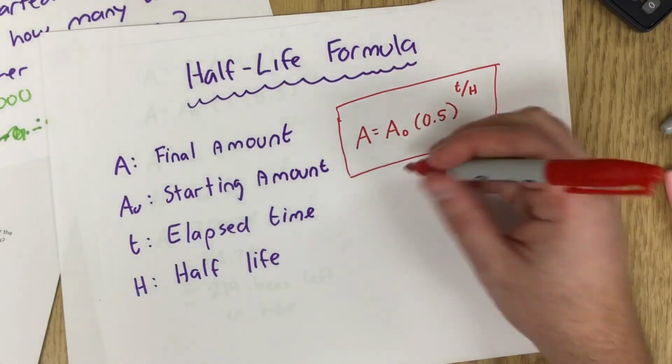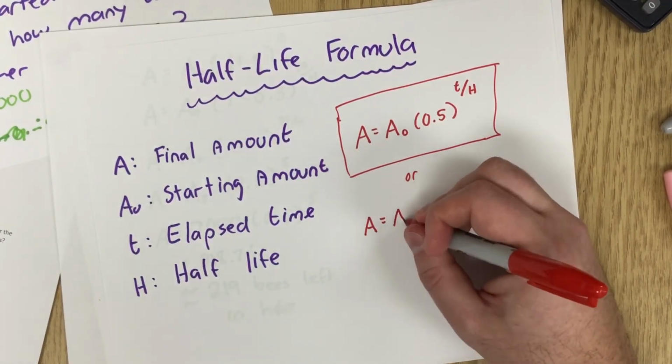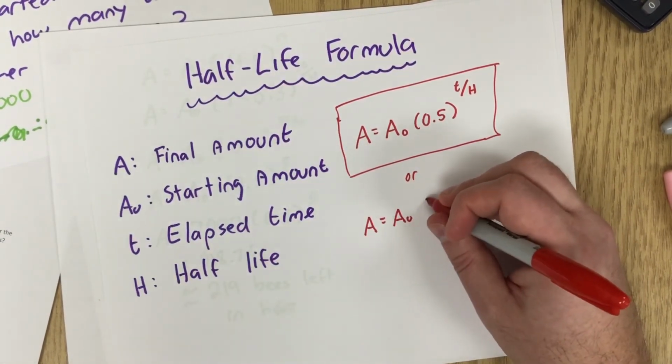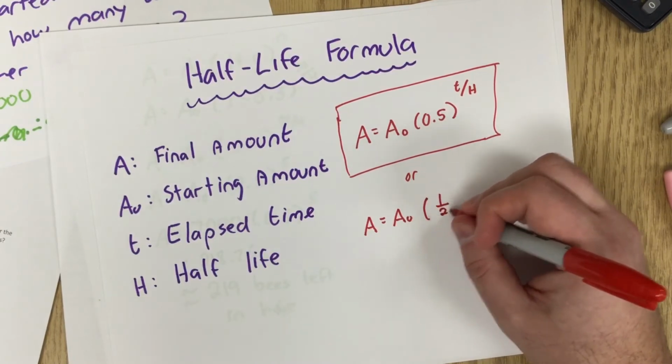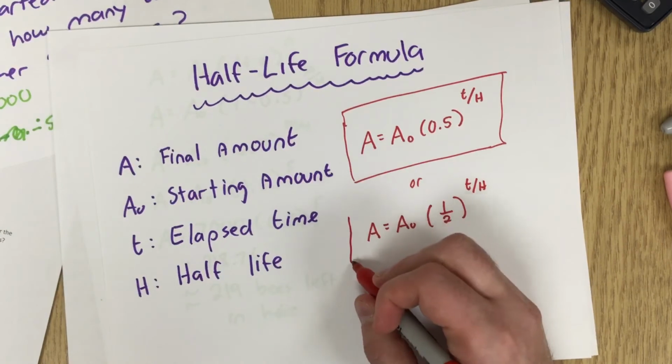There's a couple of different forms of this one. You can pick whichever one makes you happy. Another way of writing this would be A equals A naught times 1/2 to the t over h. That's another version of the half-life formula.